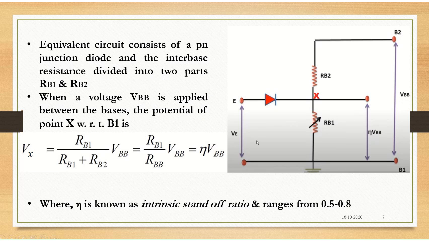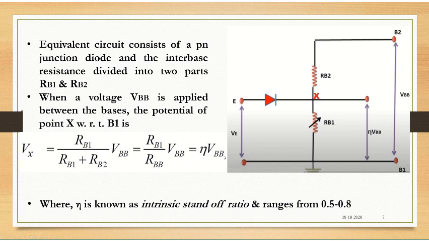All right. So during the off condition, what happens? The voltage across this point Vx, as I said, can be taken from the voltage divider, where it is given by RB1 by RB1 plus RB2 into VBB. This RB1 plus RB2 we can take as the total interbase resistance RBB, which is replaced here.